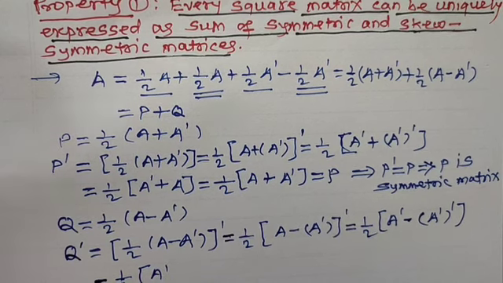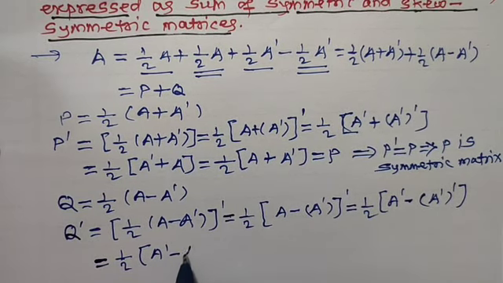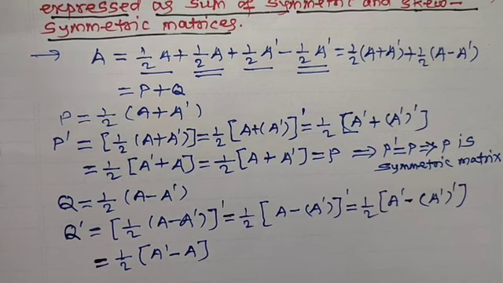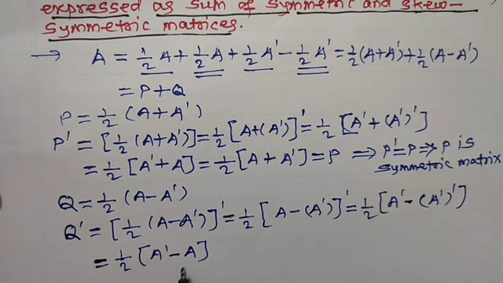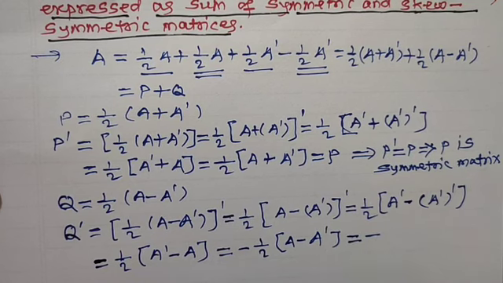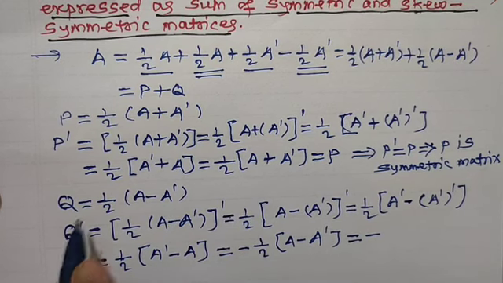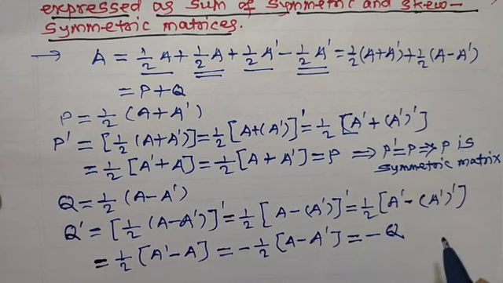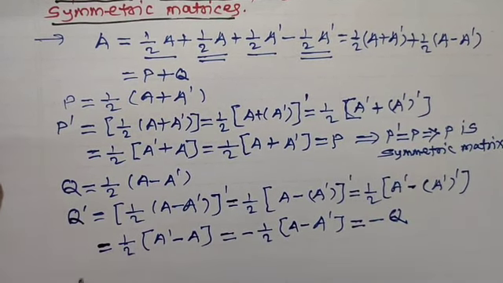So this is equal to half of (A dash minus A). But we want A at the first position, so take the minus sign common, and then we can write minus 1 upon 2 (A minus A dash). This implies minus 1 by 2 (A minus A dash) is Q, so this is equal to minus Q. Here we have proved Q dash is equal to minus Q, and this is the property of a skew symmetric matrix.